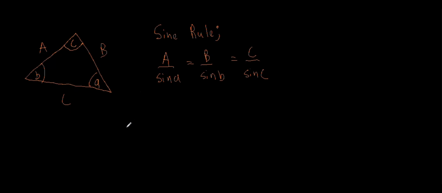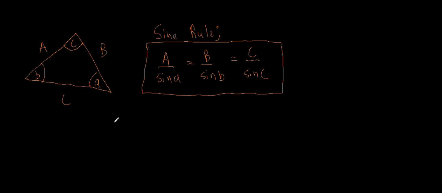Now let's see how to use this. That says this formula here, but the use of it is what's important. Now the sine rule, you could use the sine rule when they give you three lengths in a triangle.